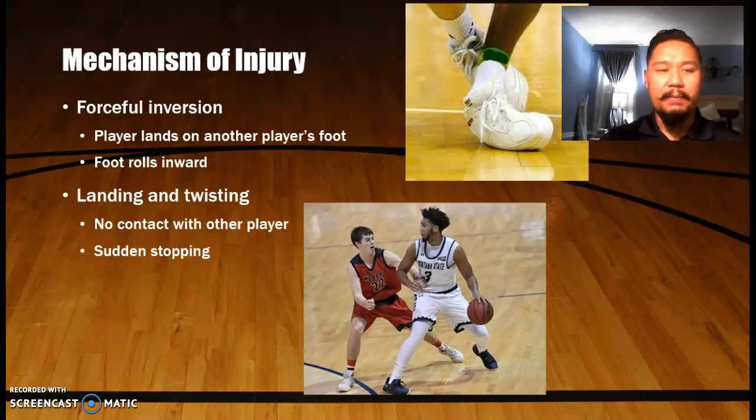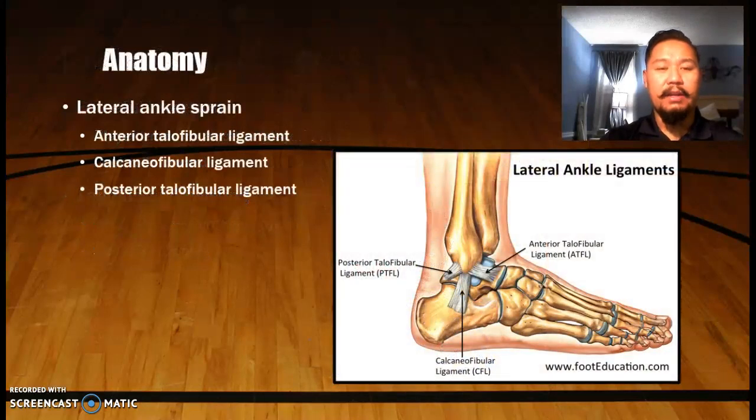to that ankle there. So if you look at the anatomy of the ankle, you can see that the lateral ankle is made up of 3 ligaments. The ATFL, or anterior talofibular ligament, connects the talus to the fibula. The CFL, or the calcaneofibular ligament, connects the lateral fibula to the calcaneus.